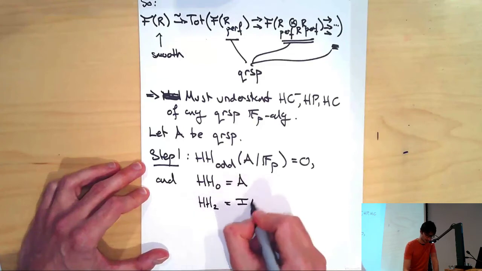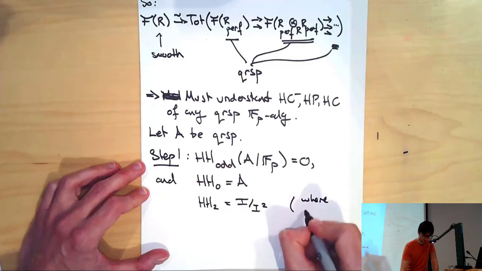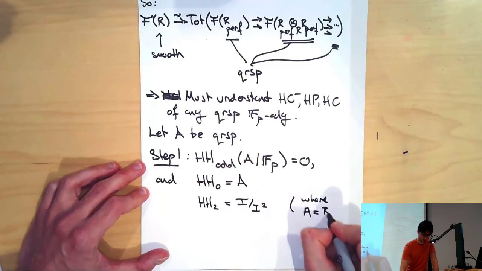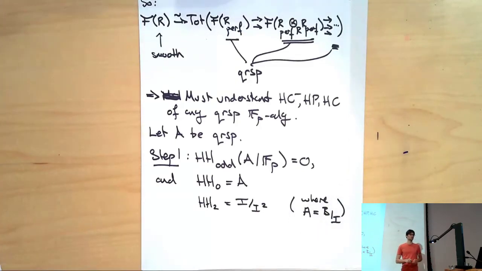HH2 will look like I mod I squared, where we recall that we write our quasi-regular semi-perfect ring as something perfect modulo some regular sequence. And then the HH2 will look like the co-normal of this regular sequence, that is to say I mod I squared.